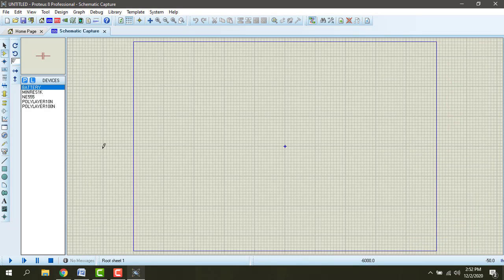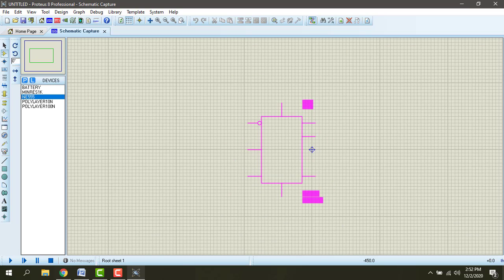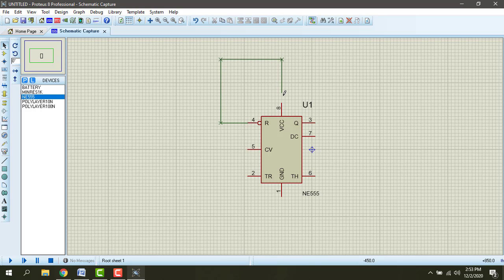So all the components I pick. First I'm going to place the 555 IC. So this is our 555 IC. I'm going to short circuit this pin number 4 and 8.